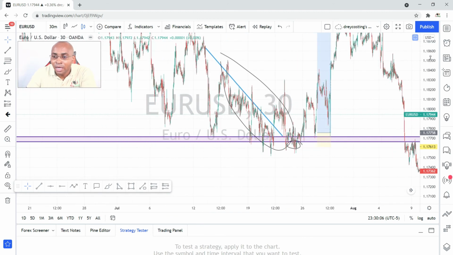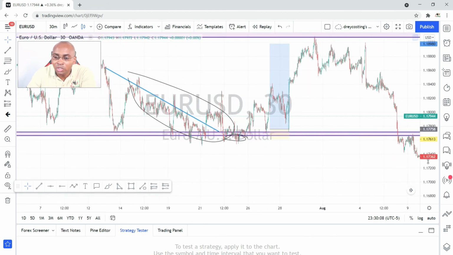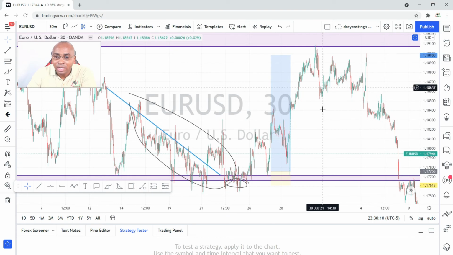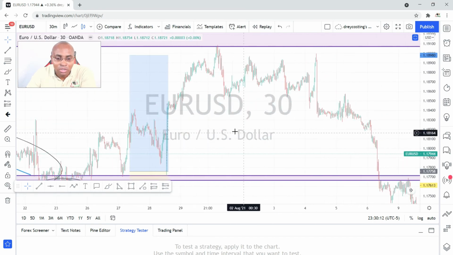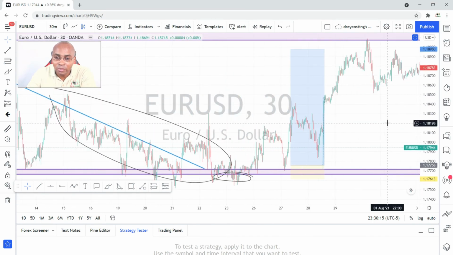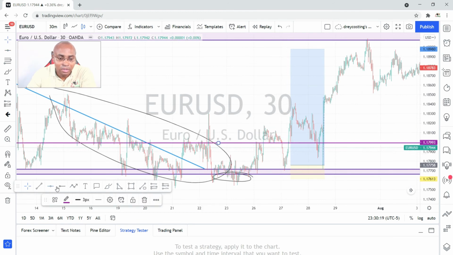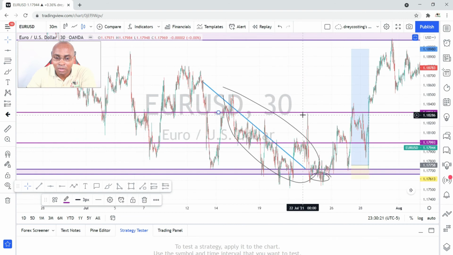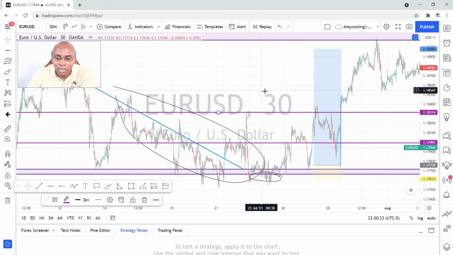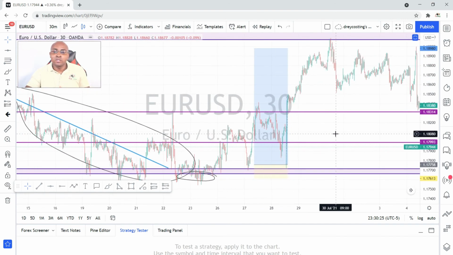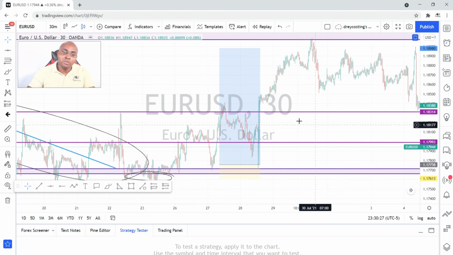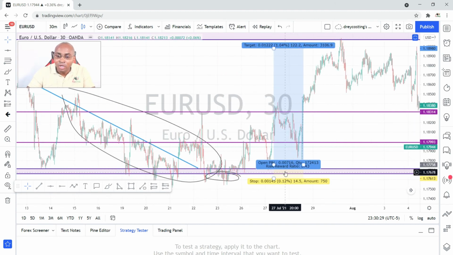In between this demand and supply zone, you have your support and resistance. It's at these levels you would take off some of your TP, or if you want to play your full first position in the demand and supply level, you can do that.